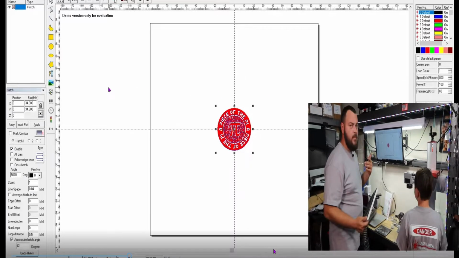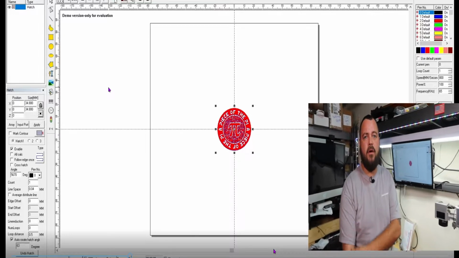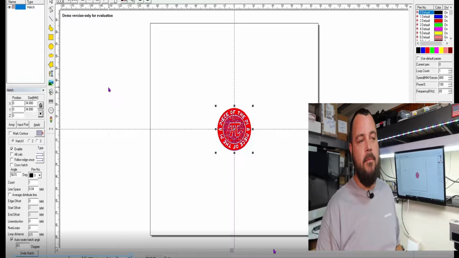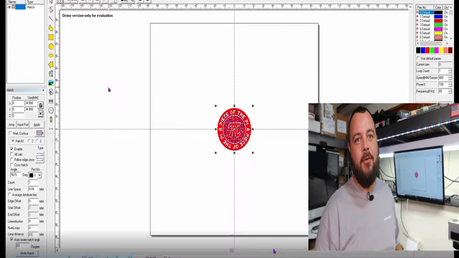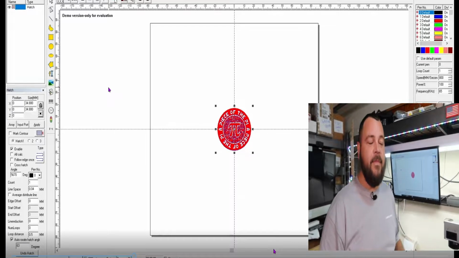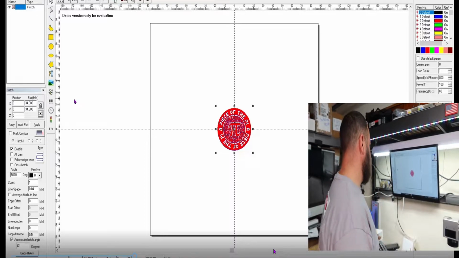Like I said, I wanted to go over why exactly we did some of the things that we did. I've had so many people ask me, well, why wouldn't you use crosshatch? Or lots of different little things. But we'll get into it.